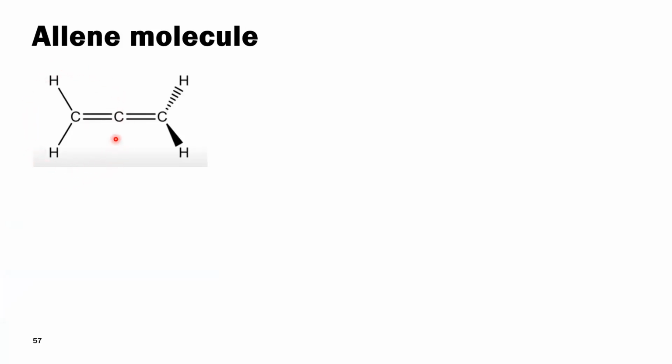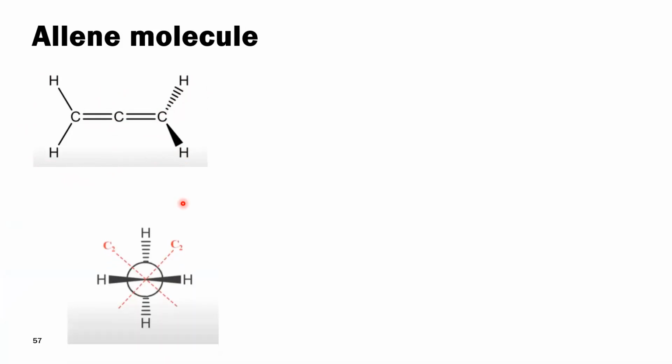So these two hydrogens are in the plane of the paper, whereas this carbon is perpendicular to the plane of the paper. So that is why of these two hydrogens, one is going inside and one is coming out. That way it is drawn, right? So these two are like crossing each other.